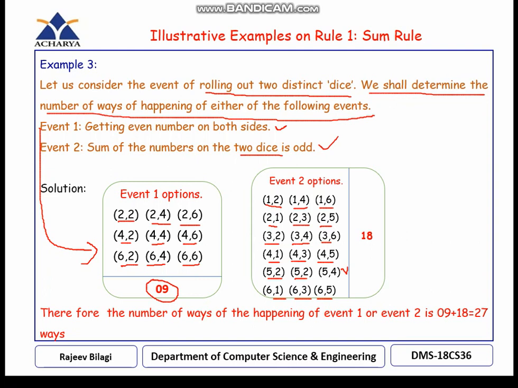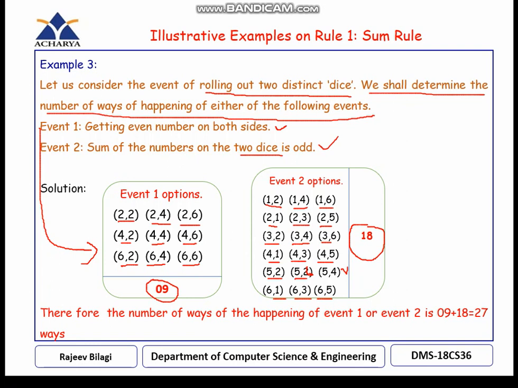So if you look at 3, 6, 9, 12, 15, 18, you will have 18 outcomes of this type. So now if you look, the total values will be 18.